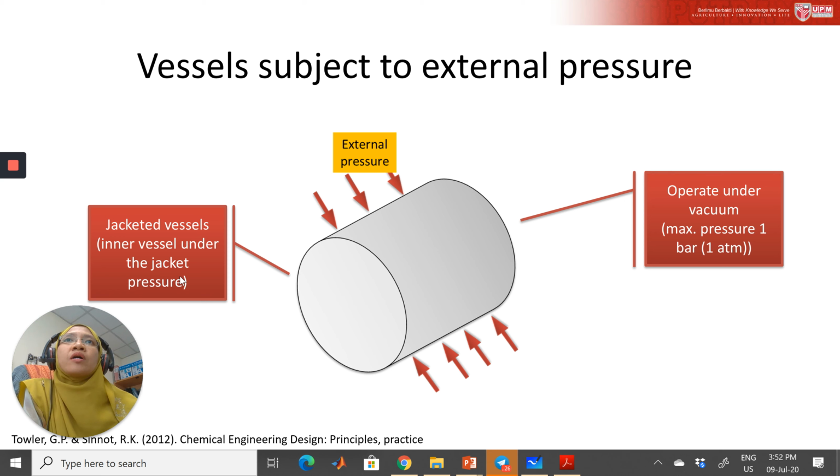For jacketed vessels, the maximum pressure difference should be taken as the full jacket pressure.